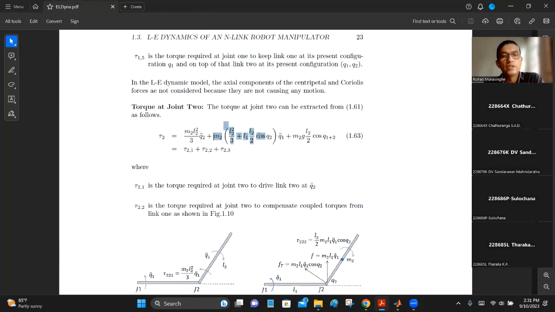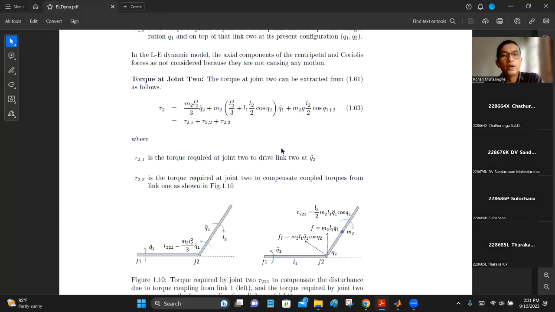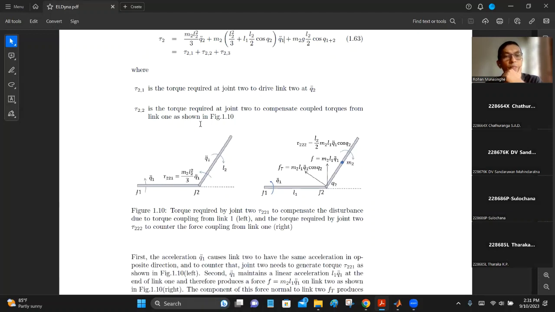And then you have the second term over here. That is something we need to break down. So T11 is all right. What is T12? Well, a moment ago, we understood that because of the acceleration of the second link, it causes a torque and force on link 1.